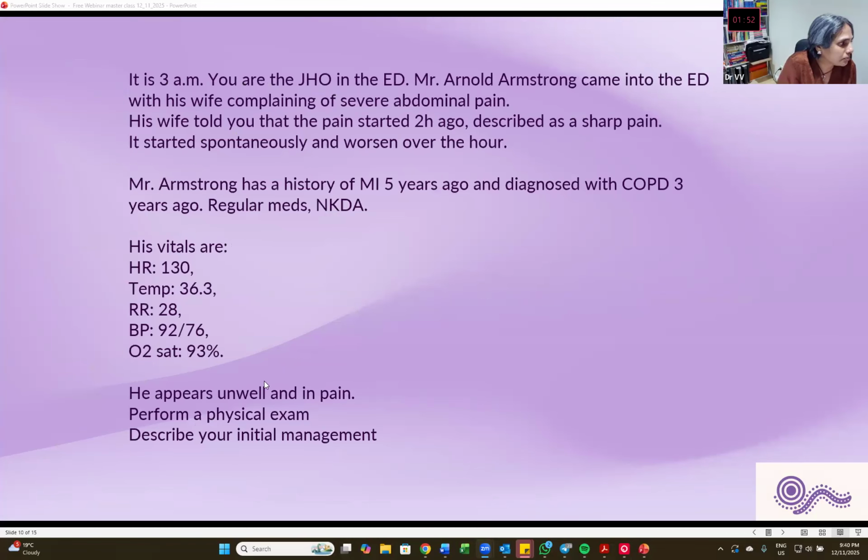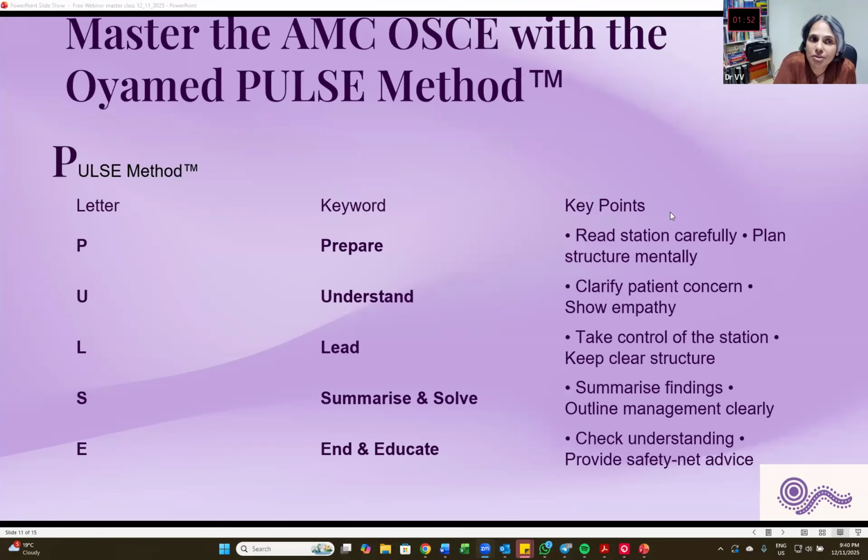This is very simple. It's an extremely simple station, and most people fail because they don't see that BP. A couple of you actually noticed it, but didn't do anything about it. You said you moved the patient to the resus room, but didn't do much. So this is the reason people don't pass the AMC OSCE. And not just AMC, generally an OSCE examination.